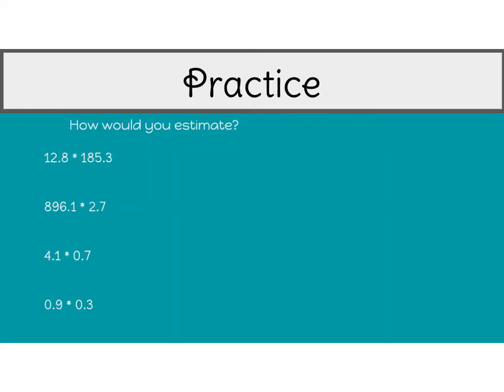To begin our practice today, we're going to take a look at several examples where we are going to be estimating. So let's take a look at this first problem. We have 12 and 8/10 times 185 and 3/10. If I were going to estimate this particular problem, I would make that 10 times 200 equals 2,000.